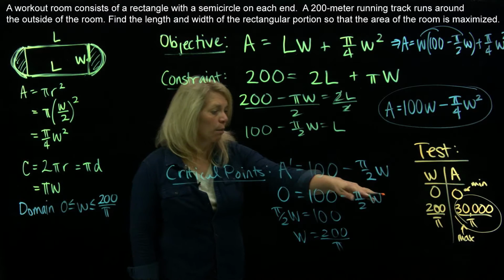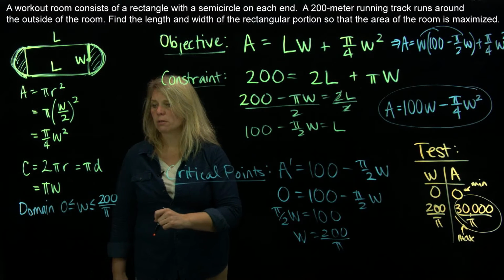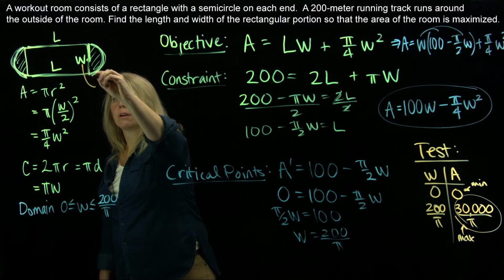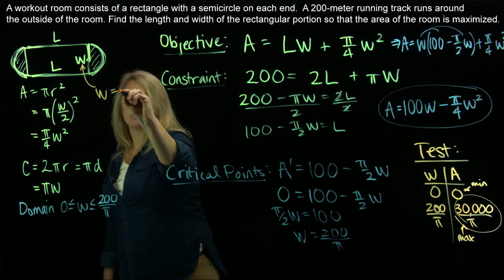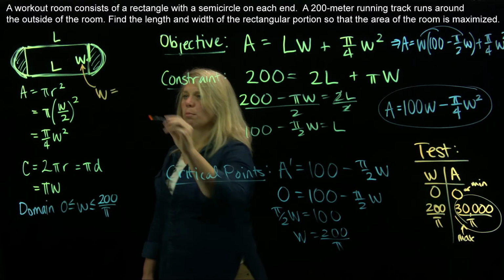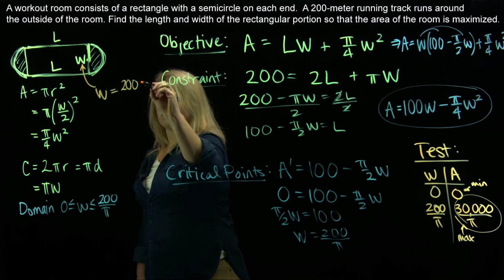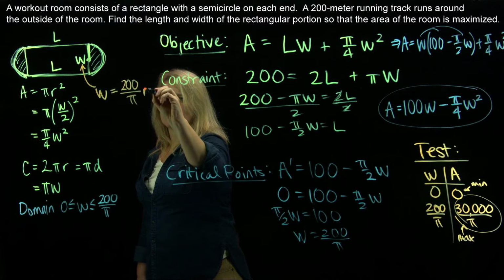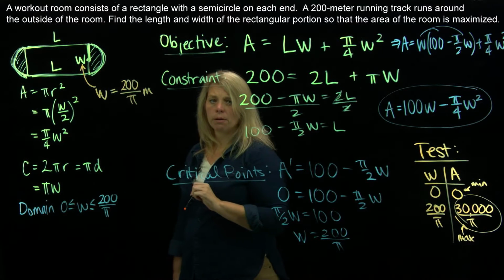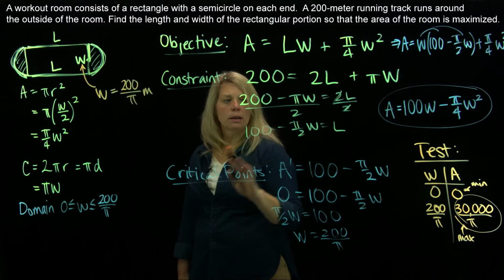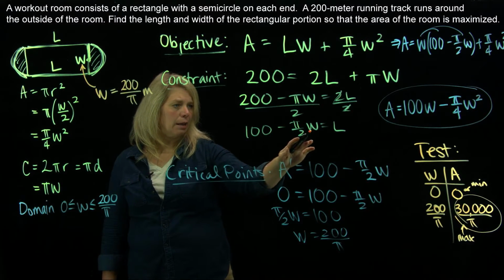All right, so our W is one of the things that we're supposed to find here. I'll just label over here on the graph. Our W was 200 over pi. Our units of distance here are meters in this problem. And then our L, I need some place to figure out what my L is.